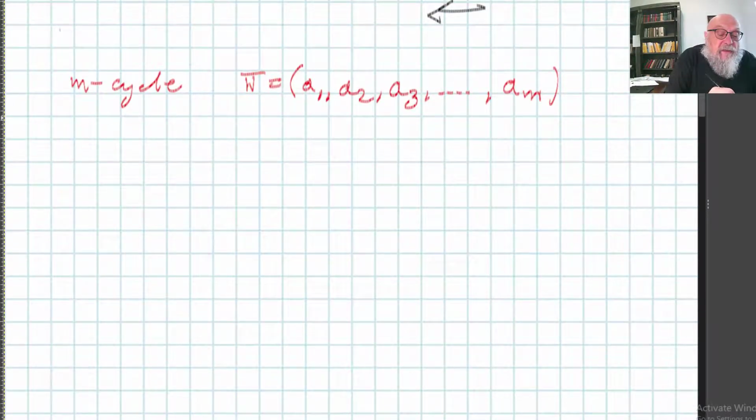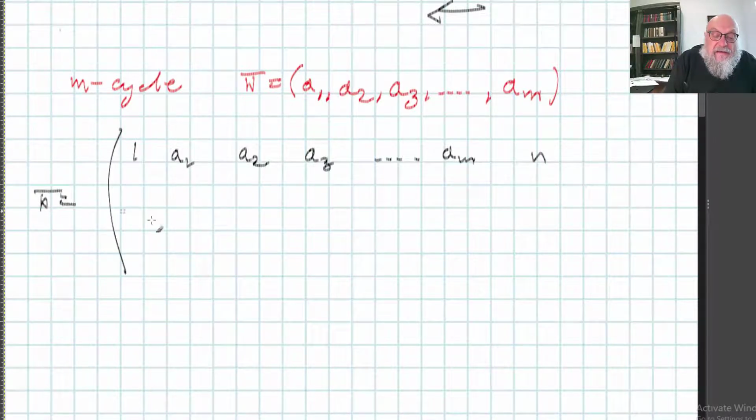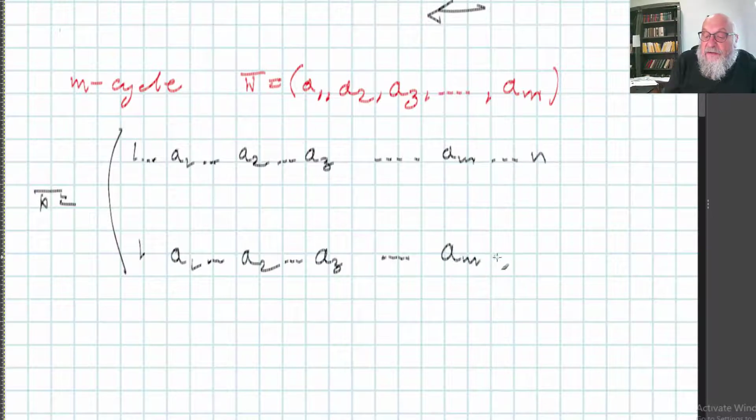If you have these numbers, 1, this is your A1, this one is your A2, this one is A3, and the last one is AM, and the last one is N. So this permutation pi is, again, three dots, something else in between, three dots, and then you have A1, A2, A3, AM, and N.